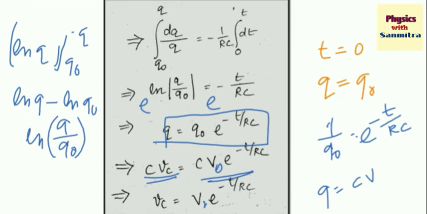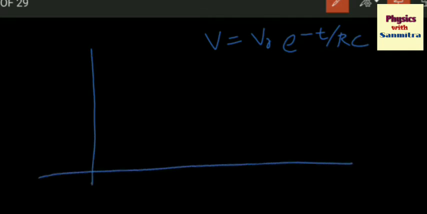Now if I try to plot the curve, how will it come? V is equal to V naught e to the power minus T by RC, e to the power minus x curve.